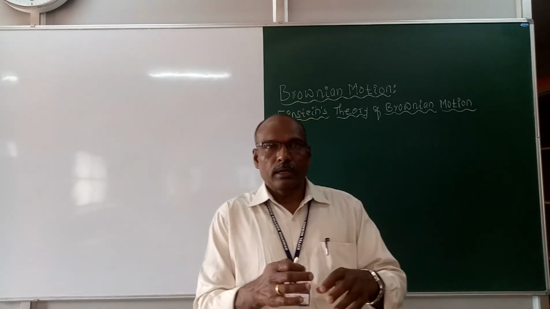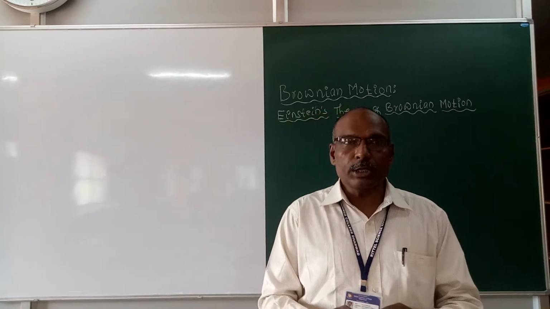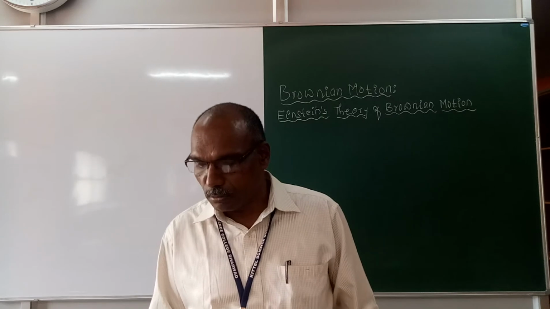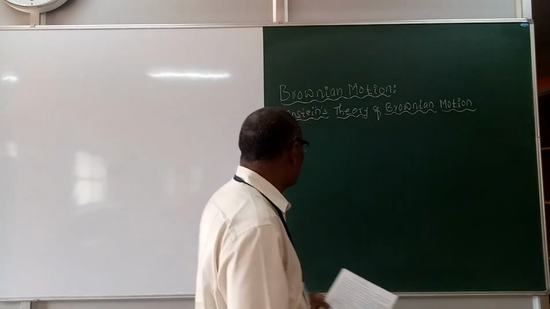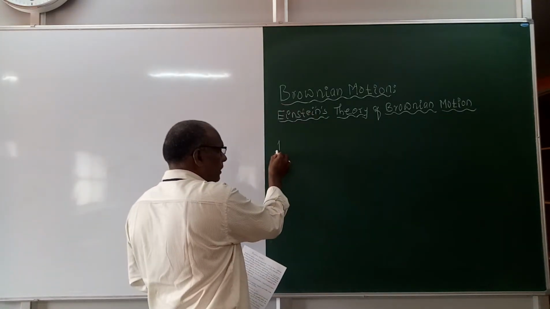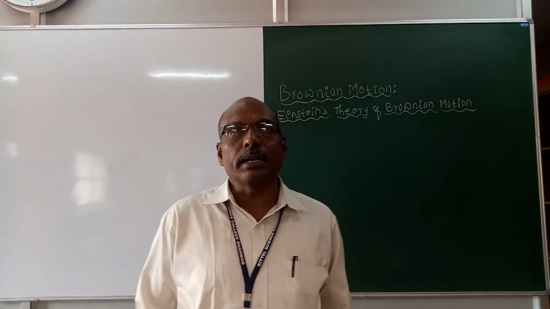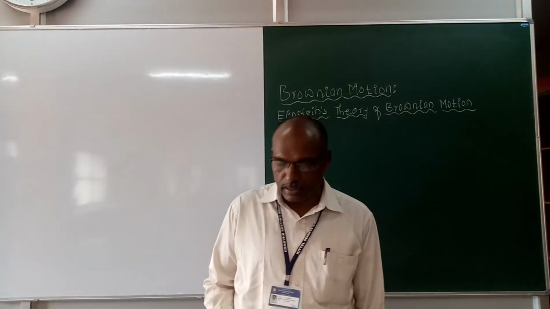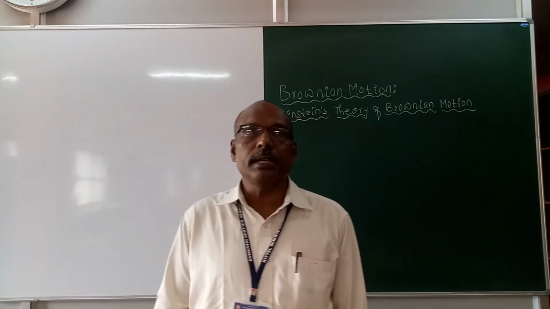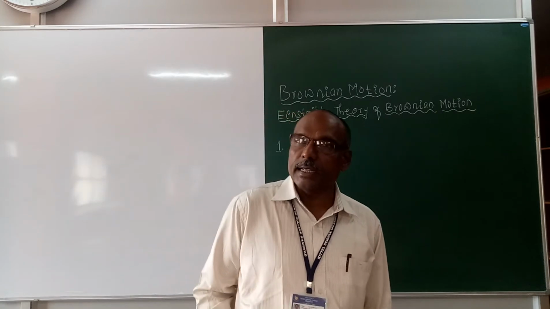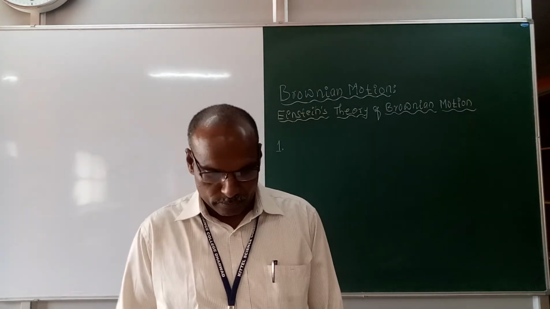Well, what are the features of this Brownian motion? I'll write them one by one, and then we'll see the basis. Motion of each particle, known as a Brownian particle, is completely irregular. It is not regular motion. It is completely irregular and random.